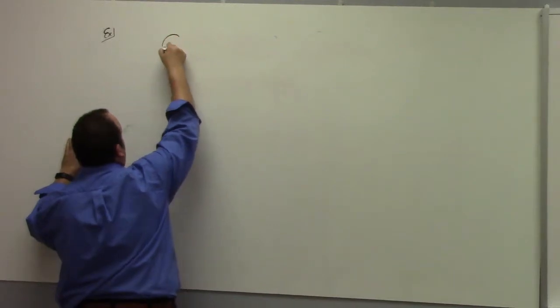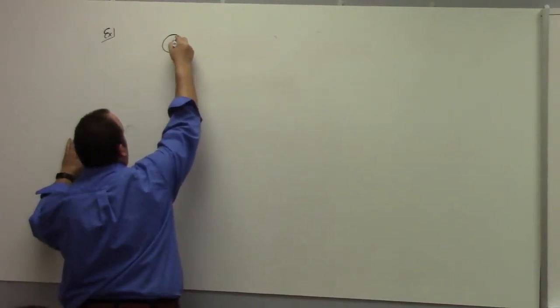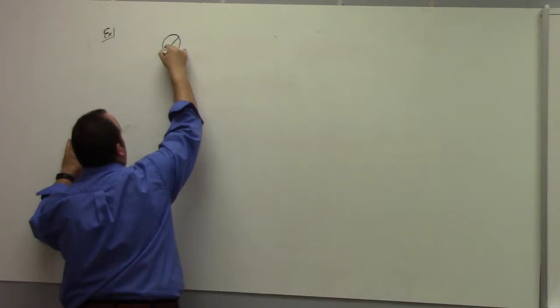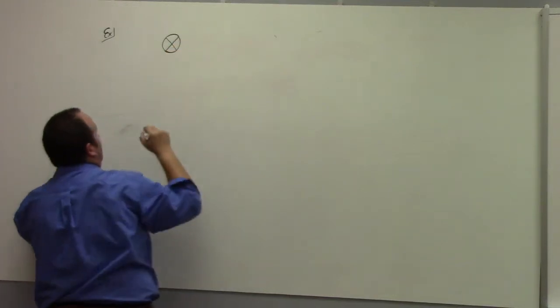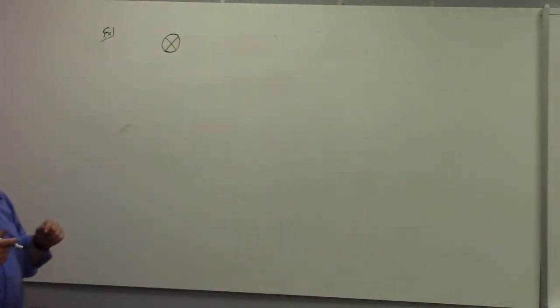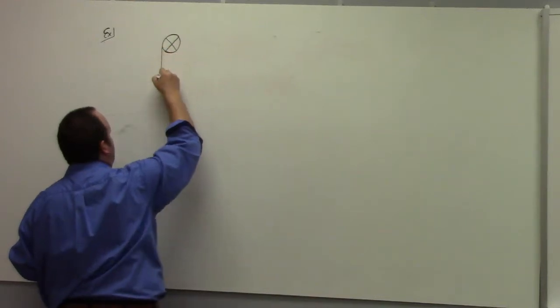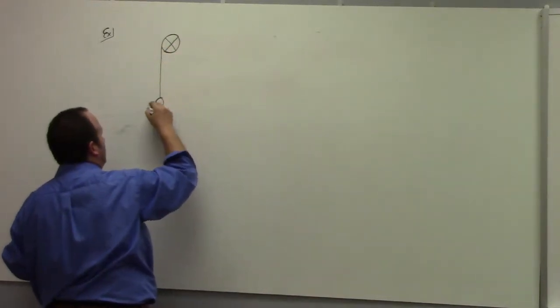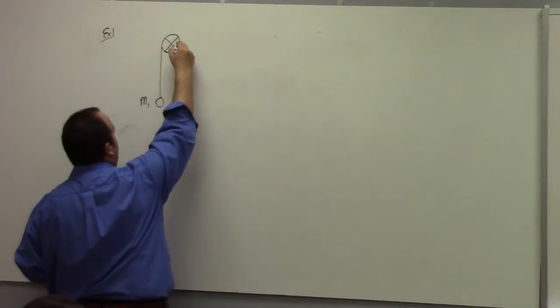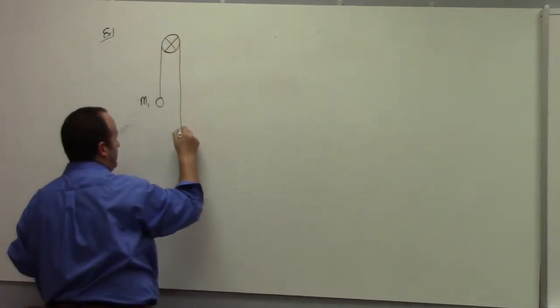But this time, up here, we'll put a pulley that's formed with a reinforcement of 2 cross pieces like that. And then there's a rope that pulls over it, and you've got mass 1 on one side and mass 2 on the other side.